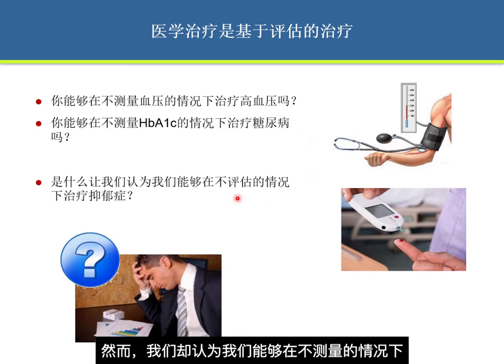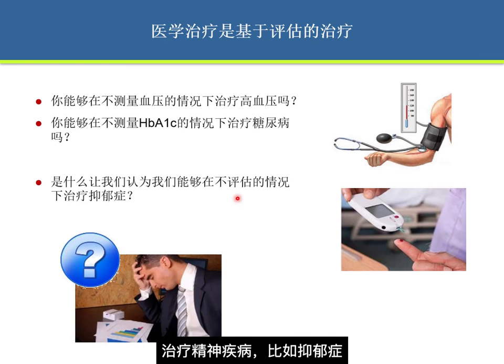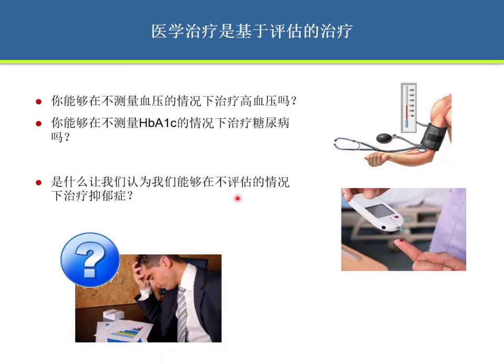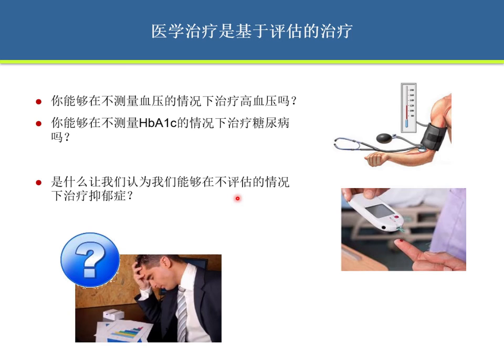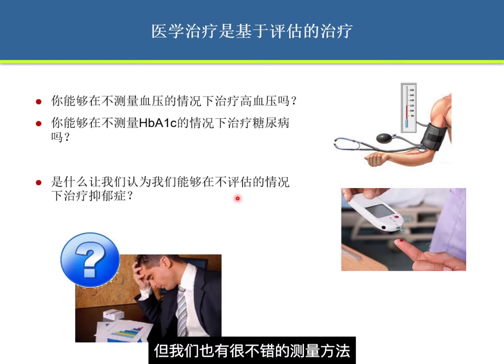And yet, we think that we can treat psychiatric conditions like depression without measuring it. Well, for psychiatric conditions, we don't have measurements like blood pressure or lab tests like blood glucose. But we have the next best thing, which is validated rating scales that we can use to assess signs and symptoms of depression.